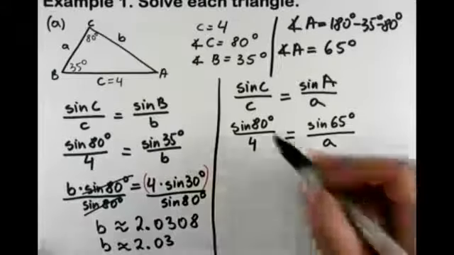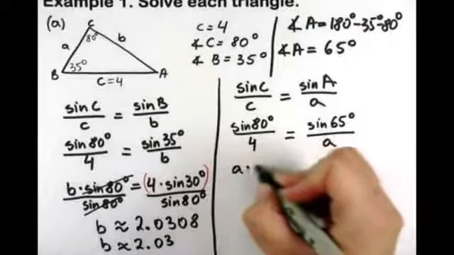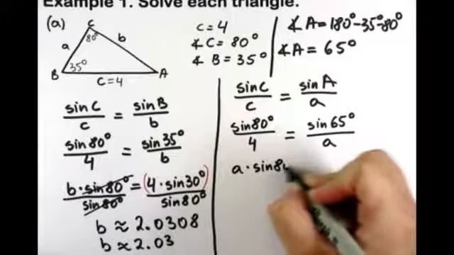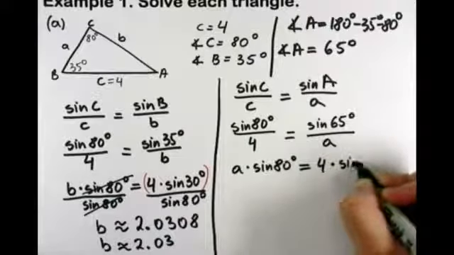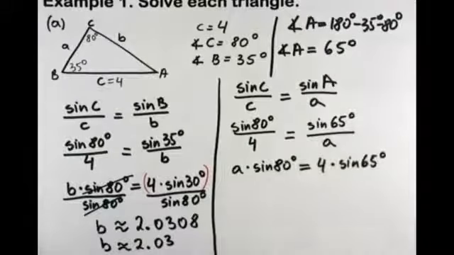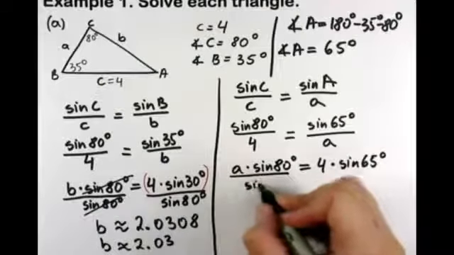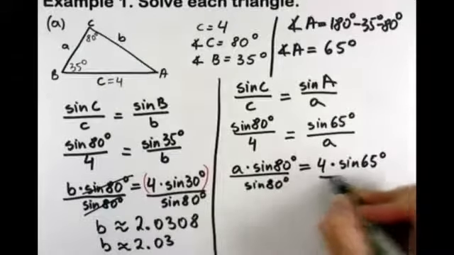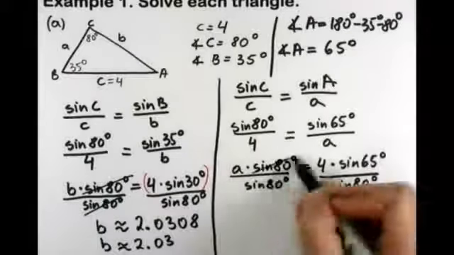Okay, now we can cross multiply. So A times sine 80 degrees is equal to 4 times sine 65 degrees. I can divide by sine 80, so this cancels out.